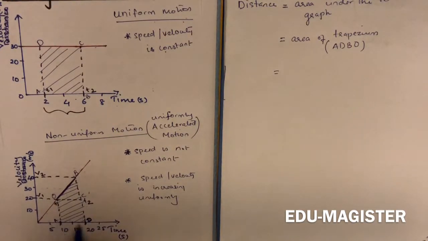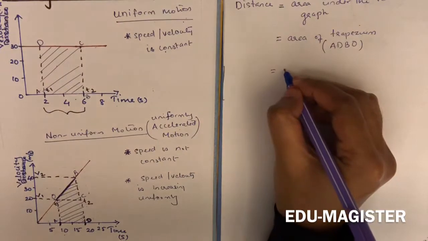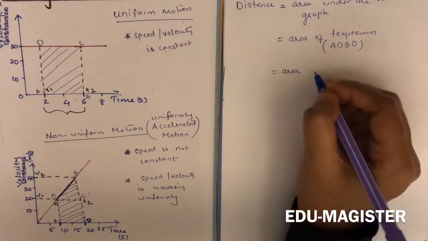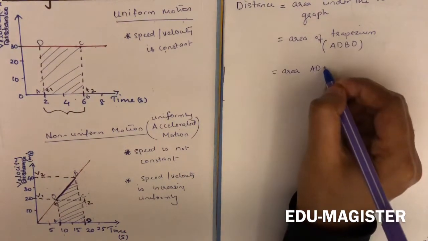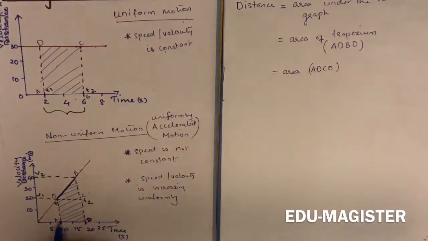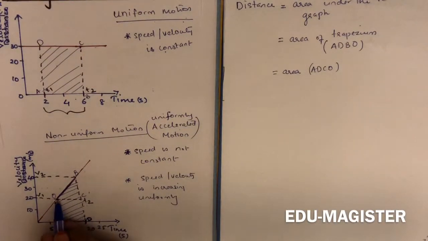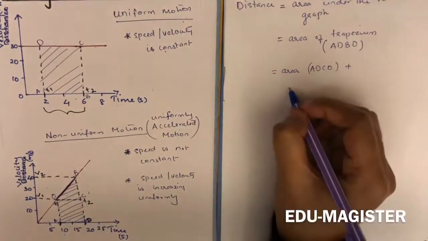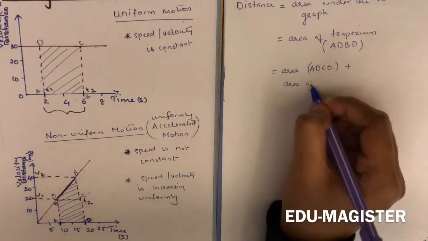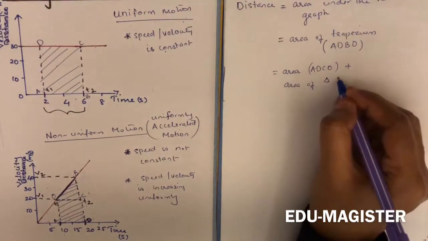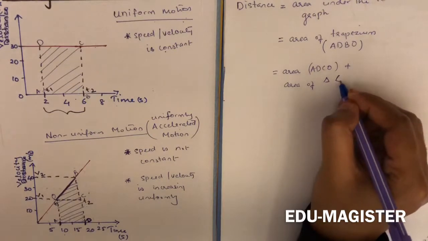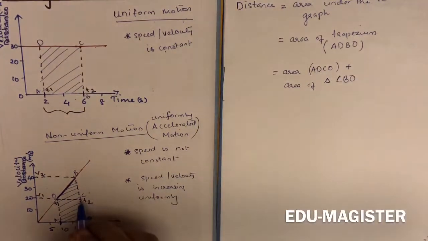Though this looks like a square, let's consider this as a rectangle. So it is the area of rectangle ADCO plus the area of triangle CBO.